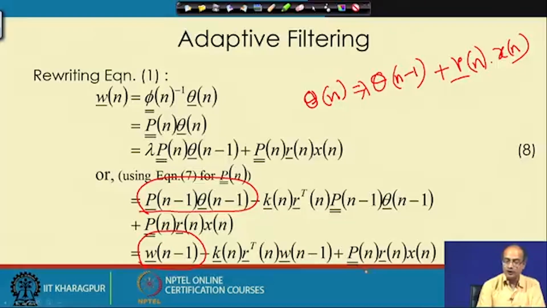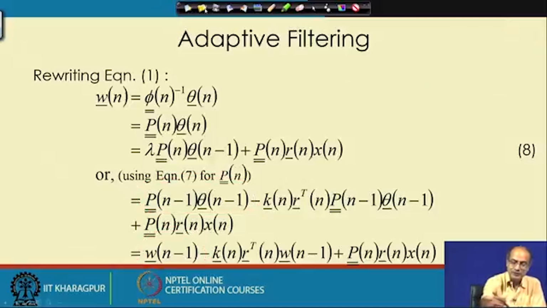What are the things we do not know? That is Pn, we need to compute that. We know the value Pn minus 1, we do not know Kn. These are the things we need to update to get Wn.